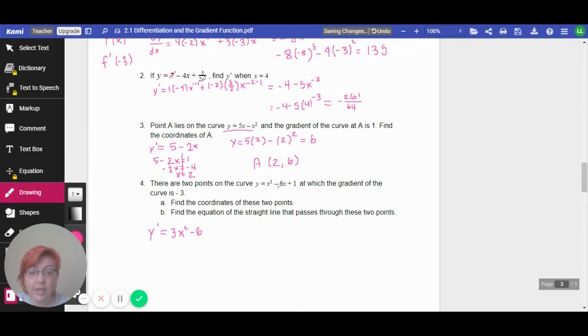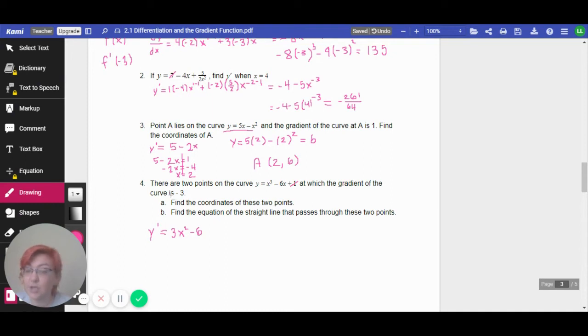All right, and x to the 1 minus 1 is 0. And then my constant goes away. So here is my function for the gradient.